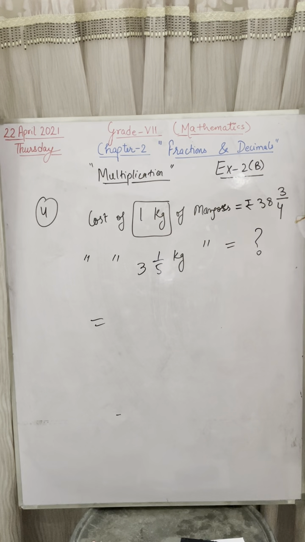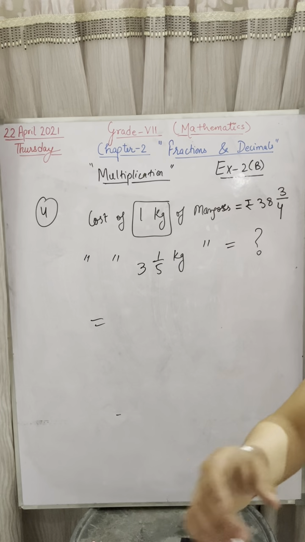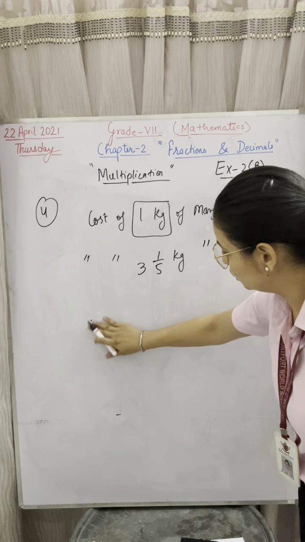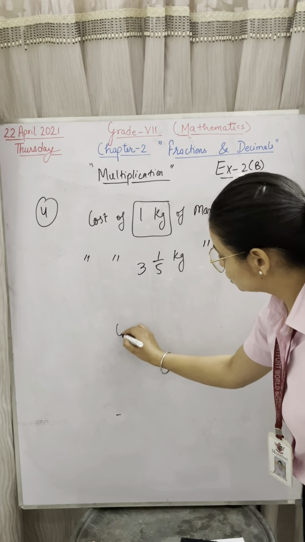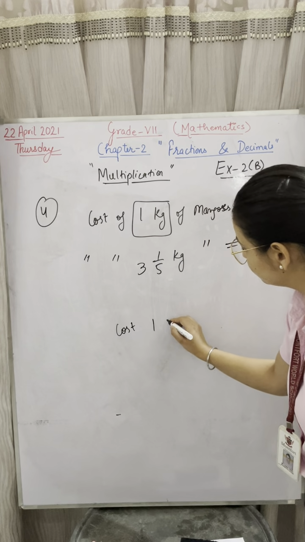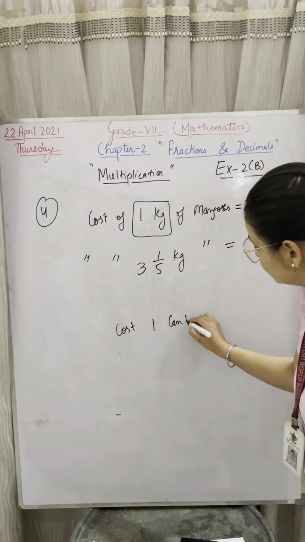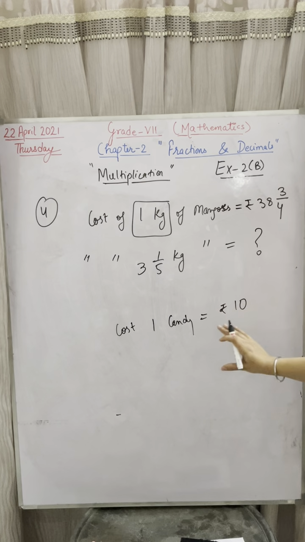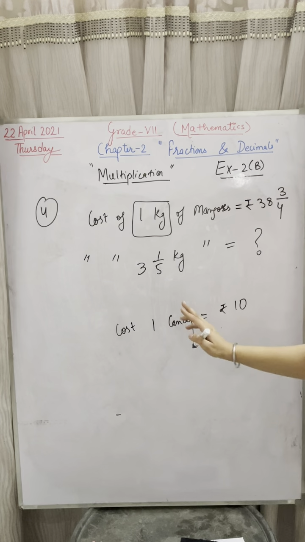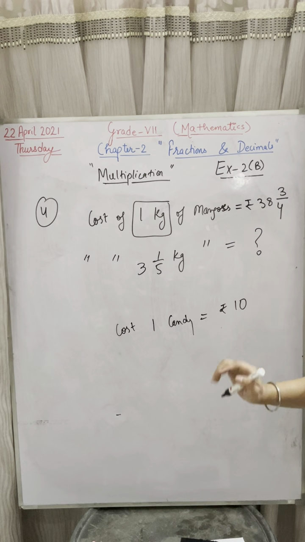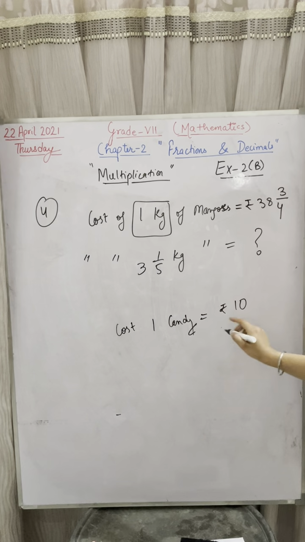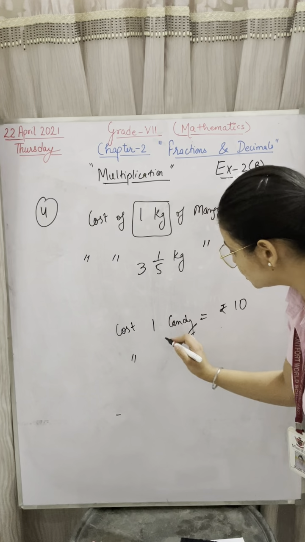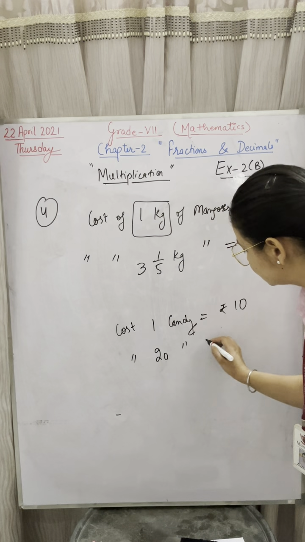Yes, very good. Okay, see, I'm asking you, suppose the cost of 1 candy is rupees 10. I have purchased 1 candy from the market. I am asking you, how much is the cost of 20 candies?